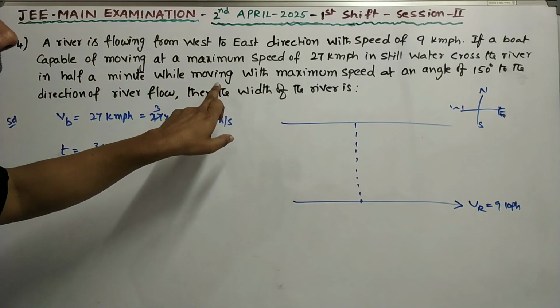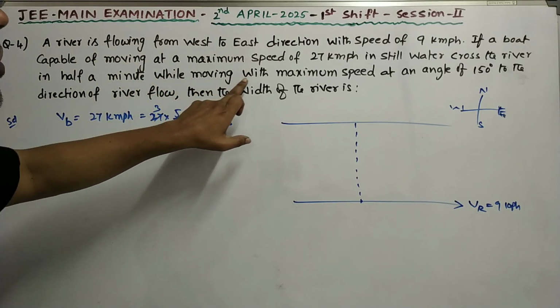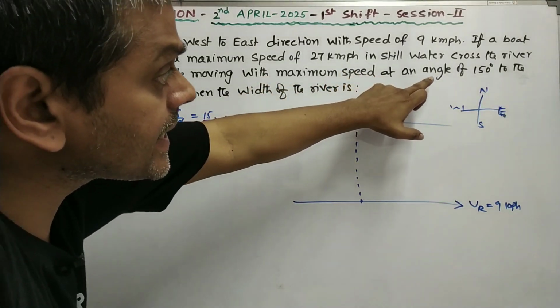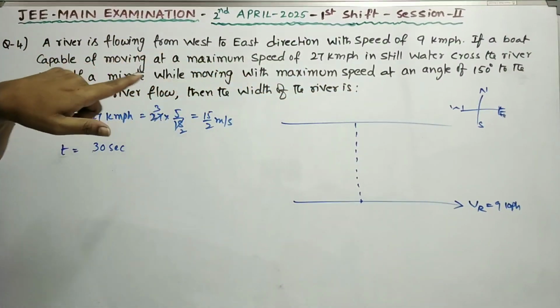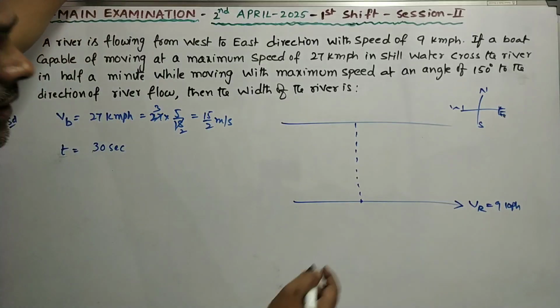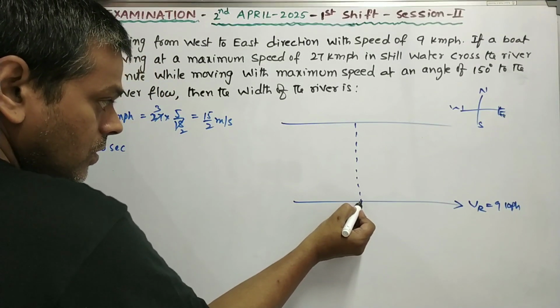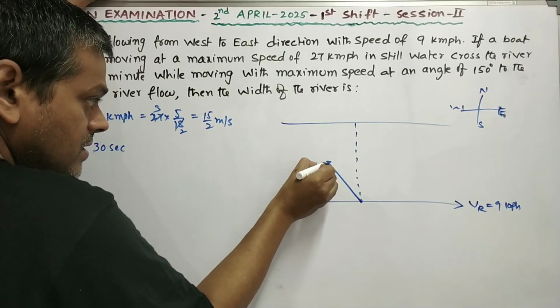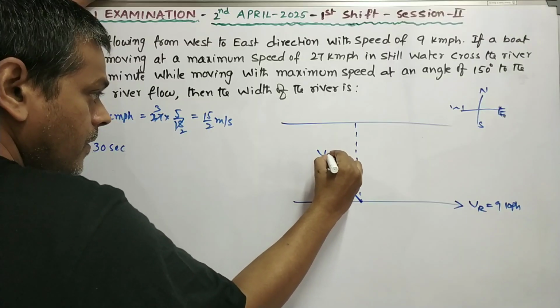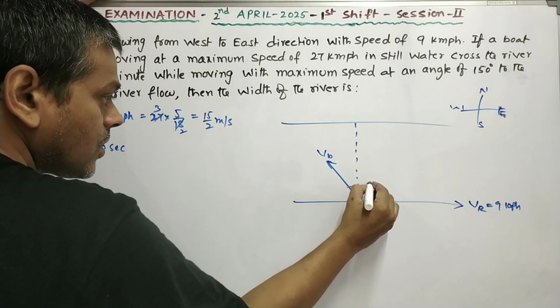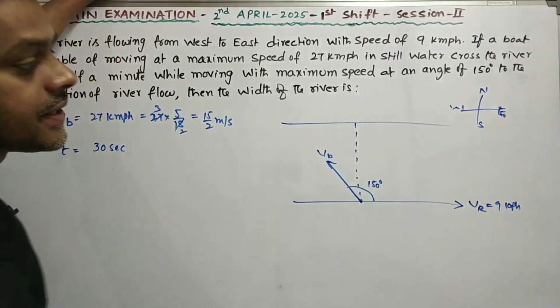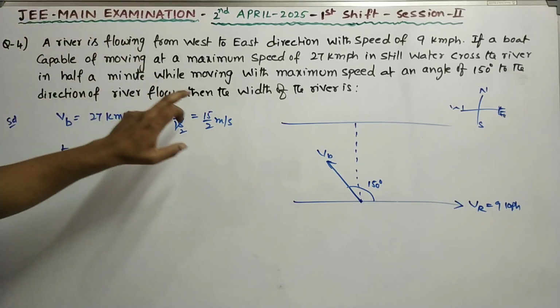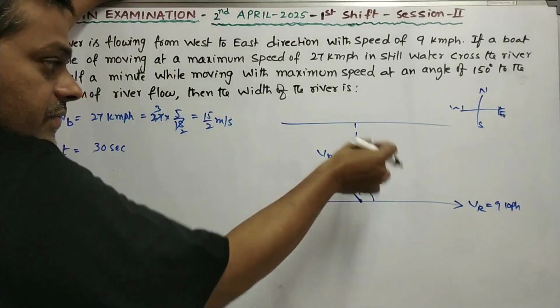But it is starting, in half a minute, while moving with maximum speed at an angle of 150 degree to the direction of river flow. This is the direction of river flow. So this is the direction of velocity of boat, which makes how much angle? 150 degree. Then width of the river is, this is the width of the river.